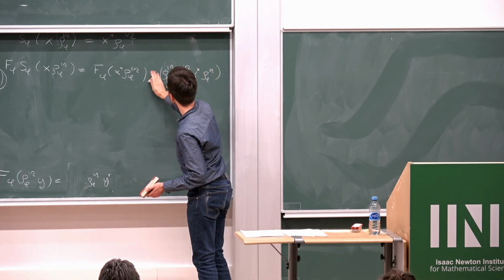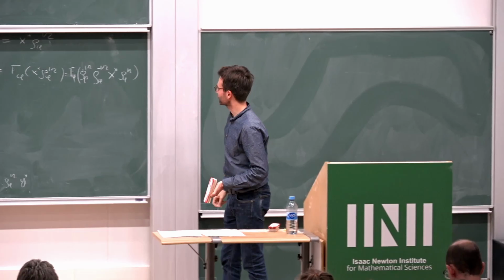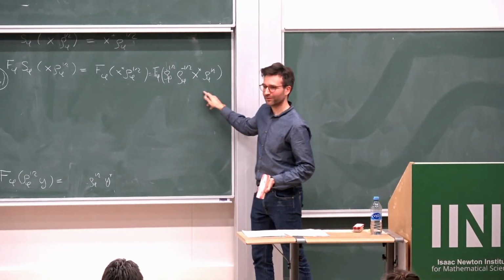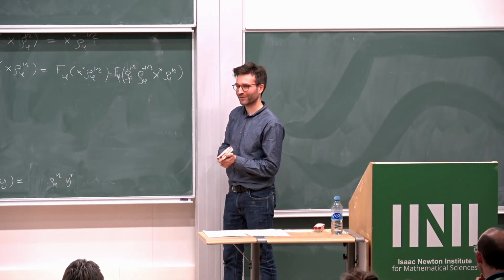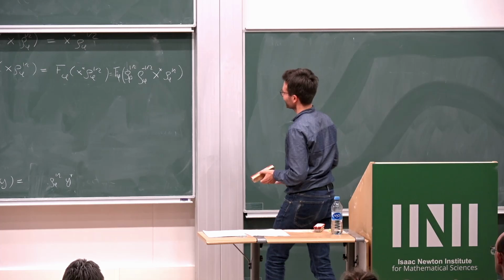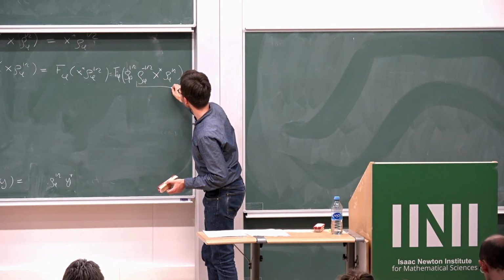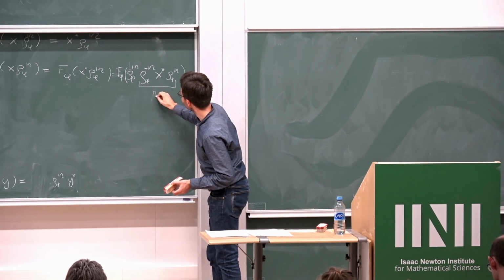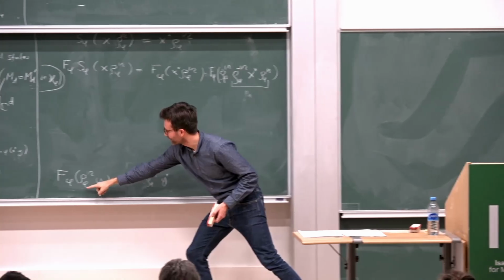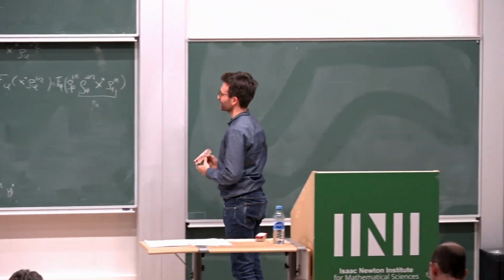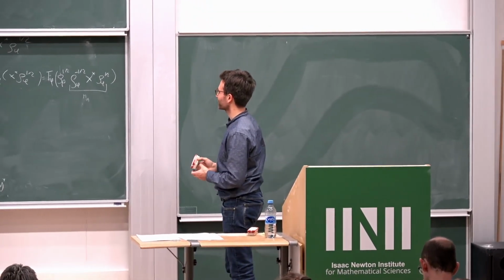And now we can apply F phi to this. What do we get out of this? This is now in MD, and this is of the type we got here.